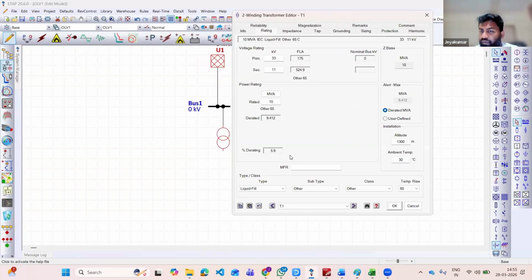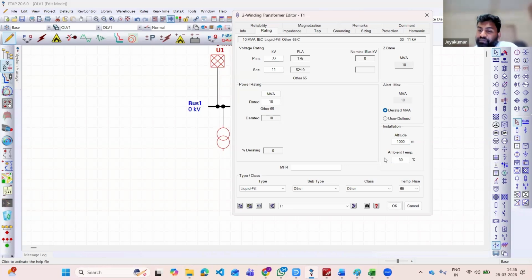Second, this is one page. When you increase the ambient temperature, maybe this one will make it 1000. See here, ideally it is 30, but please do not take this ETAP value, it may be wrong actually.